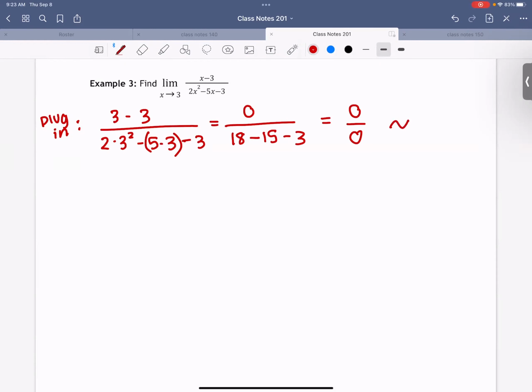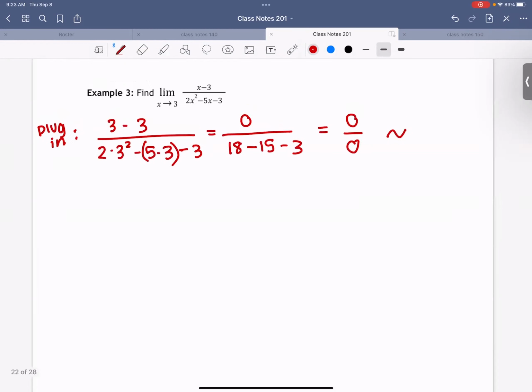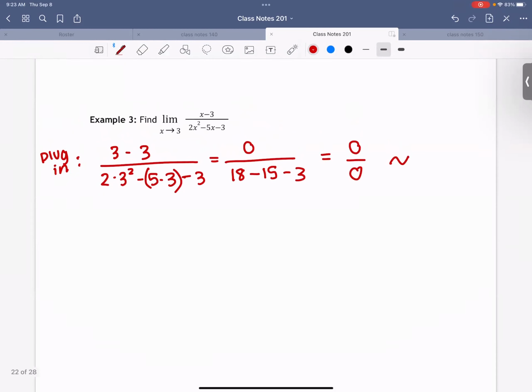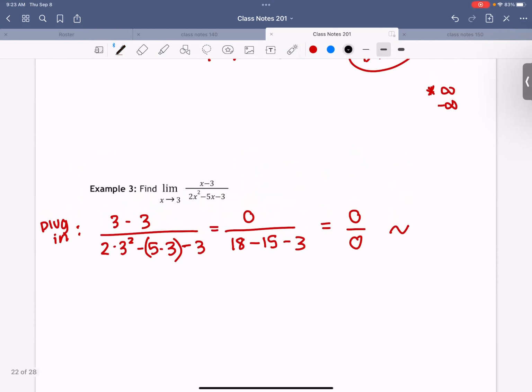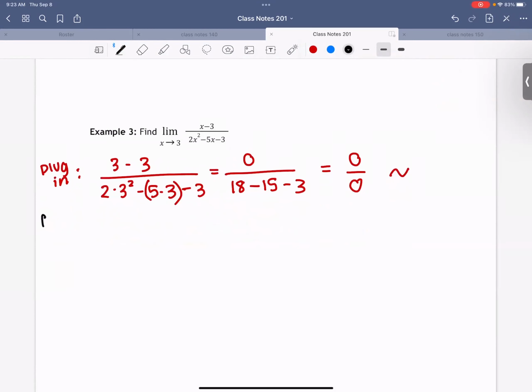I didn't tell you exactly what we need to do. Any ideas on what we can do here? Factor the denominator. Yeah, the denominator has a quadratic in it, and it seems like we can factor this. I know some of you can do this in your head. I have a more systematic way of factoring, so just bear with me.